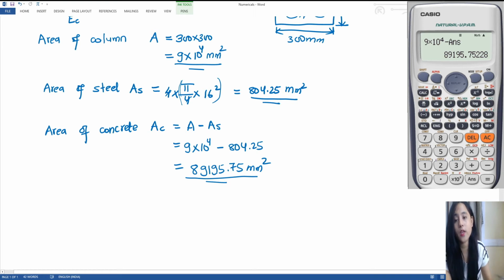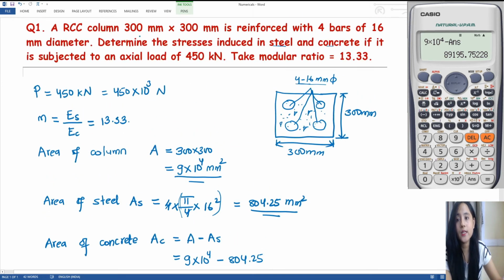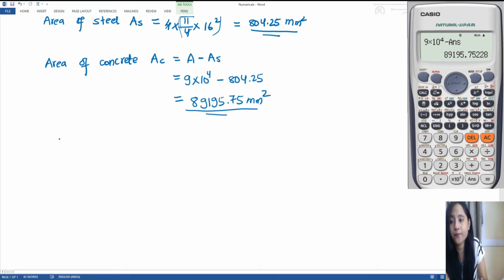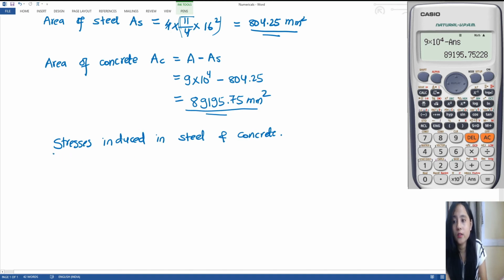Now, to find the stresses induced in steel and concrete, remember the formula that we have found: sigma 1 is equal to modular ratio into sigma 2.